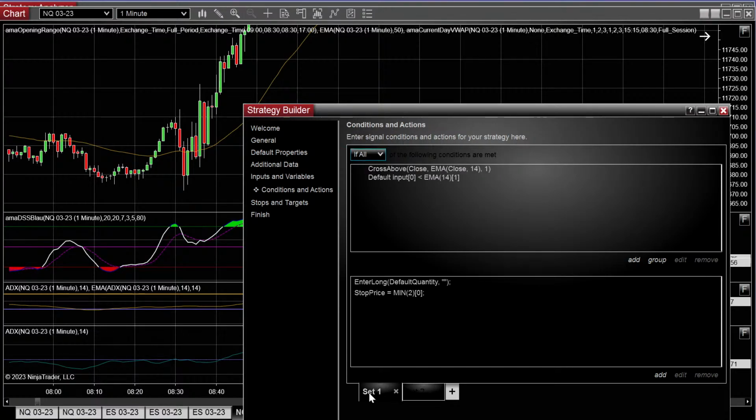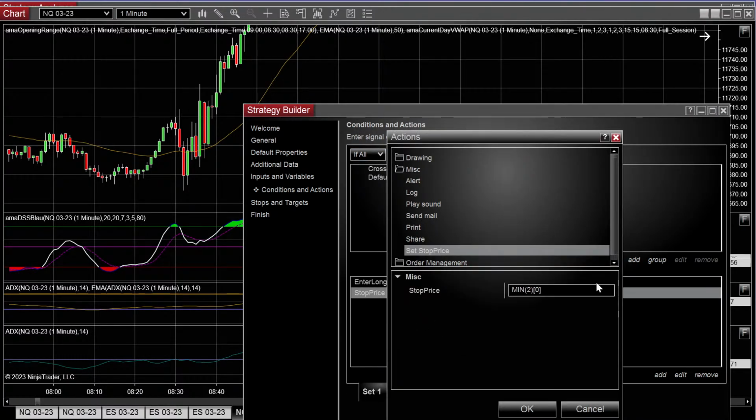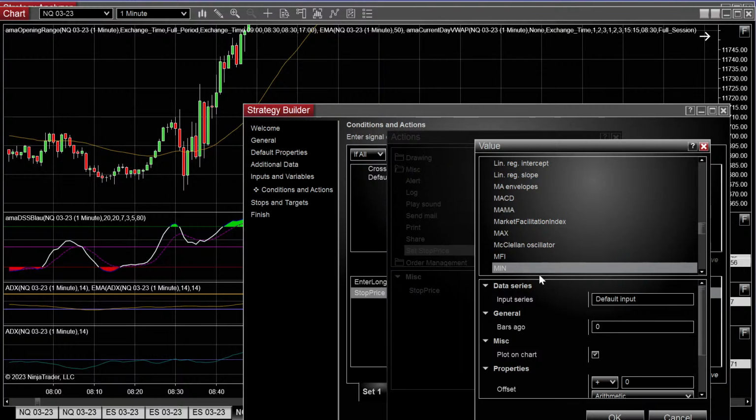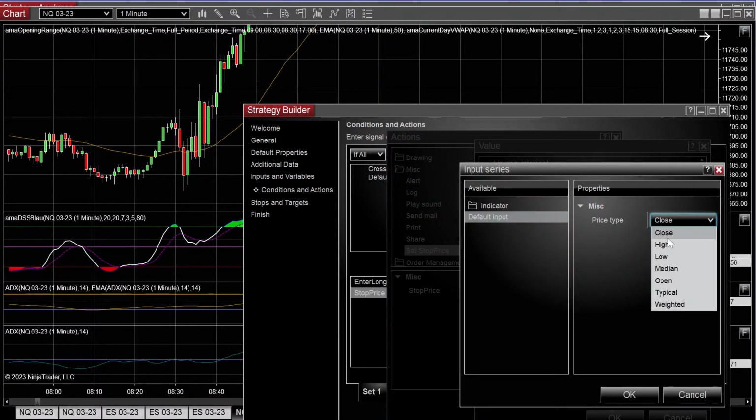Min 2. Yeah, so the minimum indicator, which is MIN, stands for minimum. It just gives us the minimum of price, whichever one you choose, because I actually forgot to choose low. So we're going to do the minimum low. Yeah, it's an actual indicator.